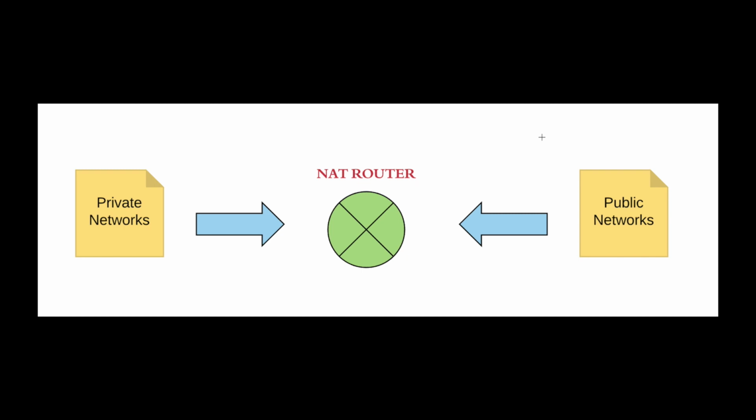You will understand this part a little better when I explain with the example. But there are certain decisions which a NAT router has to make. So let's see some of the basic questions we have in mind about NAT, and let's answer them. And at the end of this video, you will have a much better understanding of how NAT works.